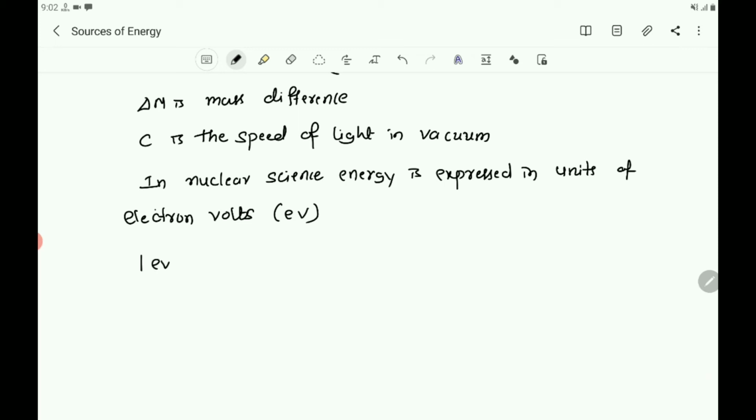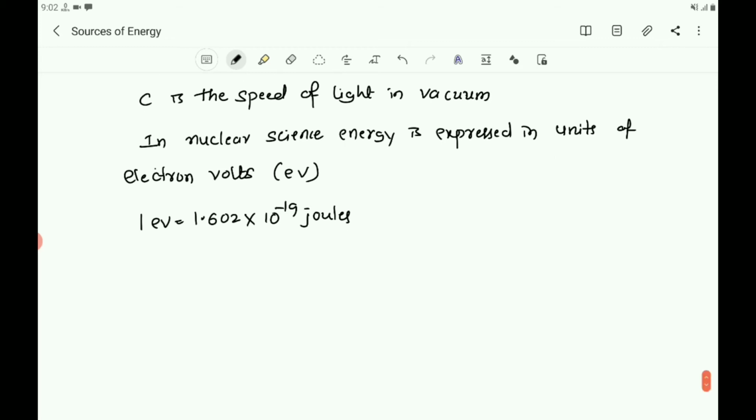And 1 eV equals 1.602 times 10 raised to minus 19 joules. It is easy to check from the above equation that 1 AMU is equivalent to 931 mega electron volts.